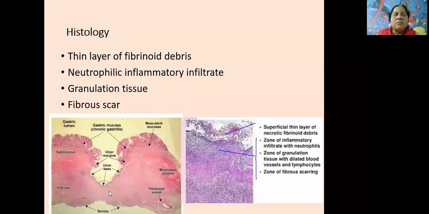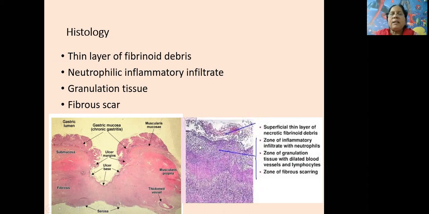So what zones does this ulcer have? Here there is a superficial thin layer containing necrotic material, fibrinoid necrotic material. Then there is a zone of inflammation infiltrated with neutrophils, and sometimes some lymphocytes can be seen.